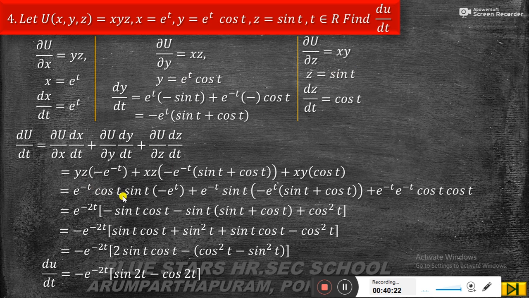So minus e^(-t) cos t sin t into e^(-t), and then the x equation, x equals e^(-t), z is sin t, into sin t.